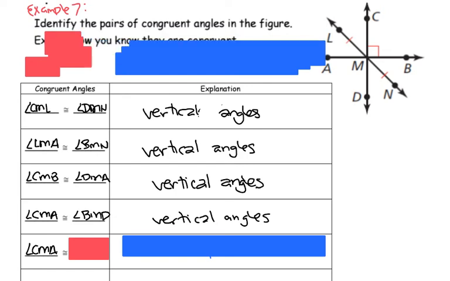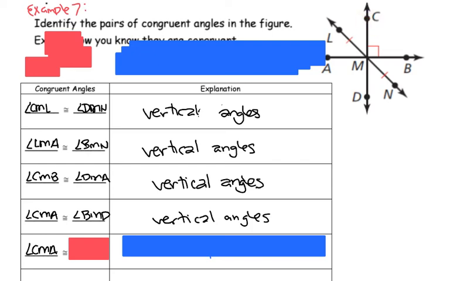All right, now let's look again at angle CMA, because technically there's another option that would coincidentally also be congruent to it. Instead of thinking of just vertical angles, let's think about our other option, which was linear pairs. Linear pairs are supplementary, so they add up to 180.